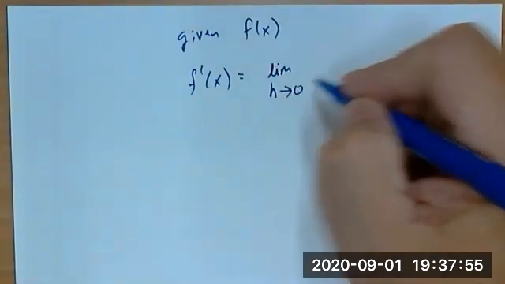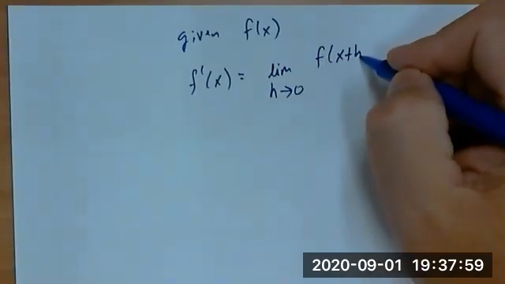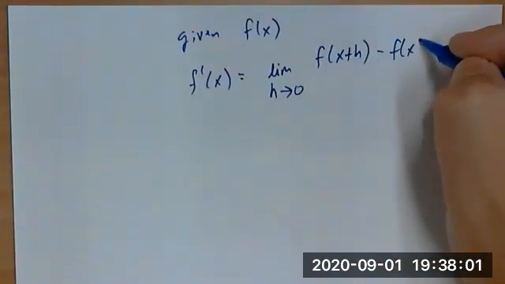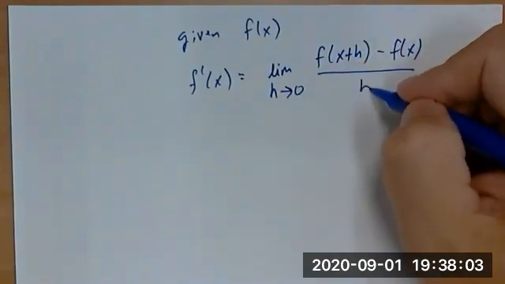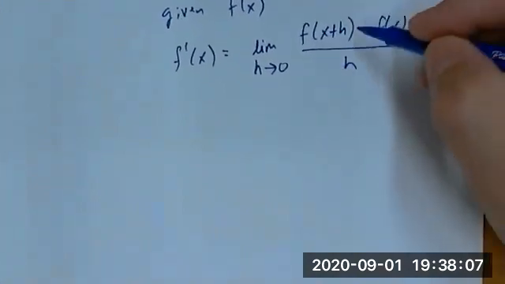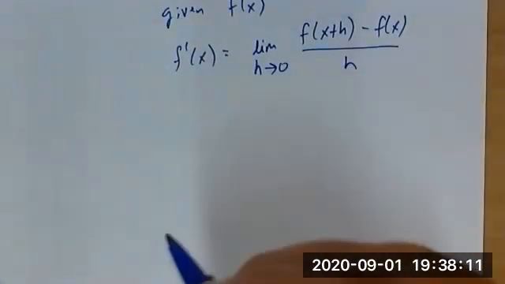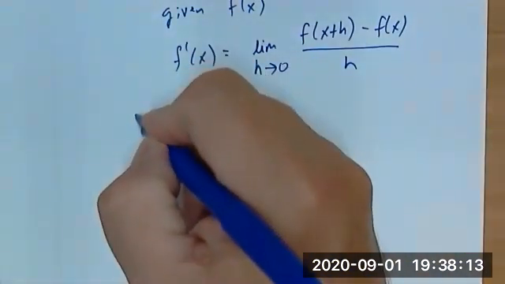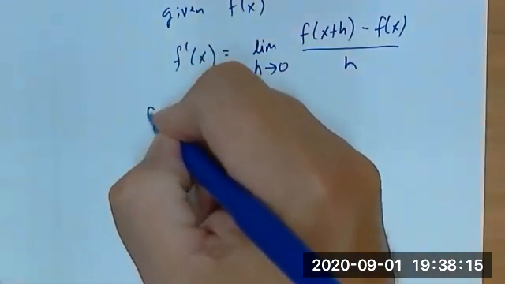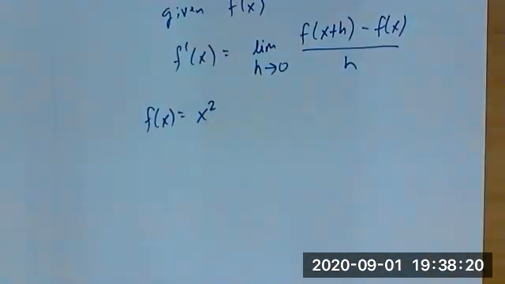Just sort of ugly. We use this difference quotient. But it's the limit as h approaches 0 of all of this. So how does it work? Pretty straightforward.